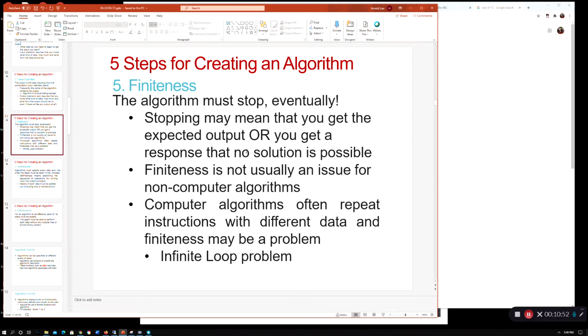When I say expected output or no solution possible, if I say I want to calculate pi out to 10 digits, then that's my expected output, and that's my algorithm. But if you just say I'm going to calculate pi and it continues on forever, it would never stop. The computer would just keep on churning. Nothing will happen. It would just sit there and you don't know what the heck is going on.